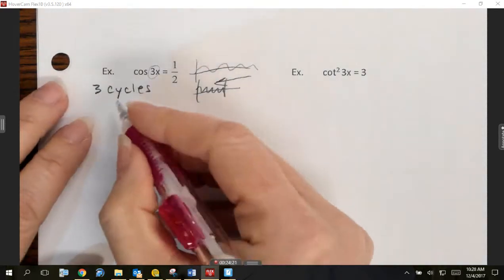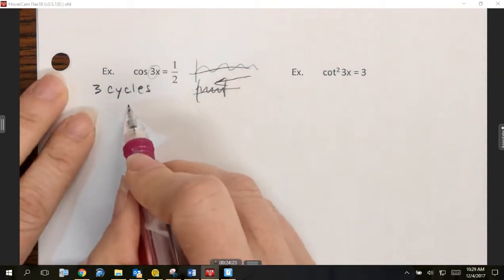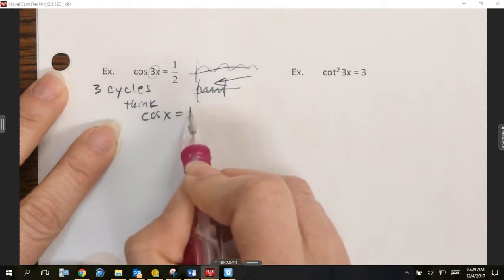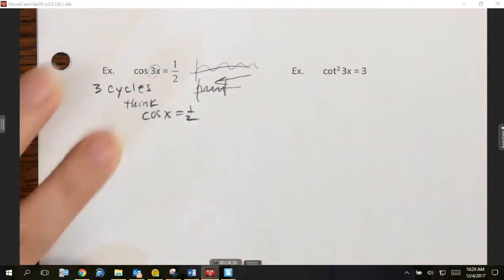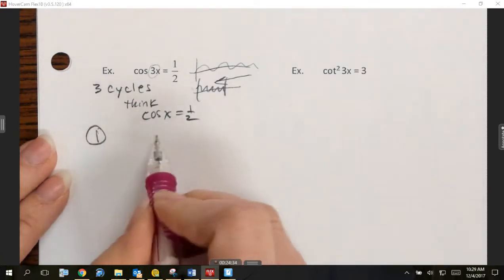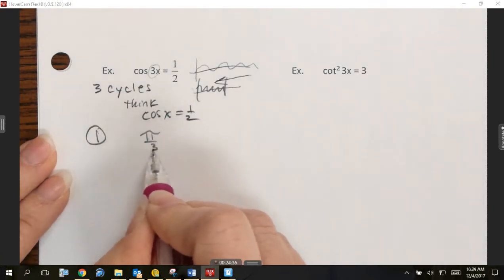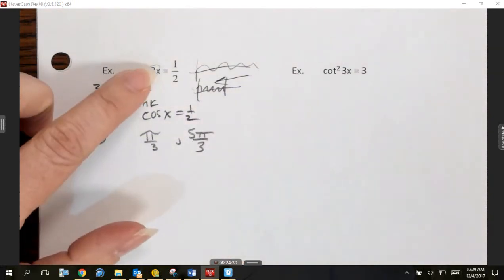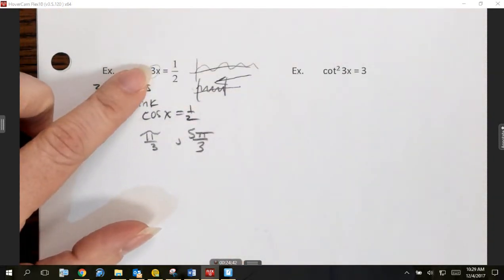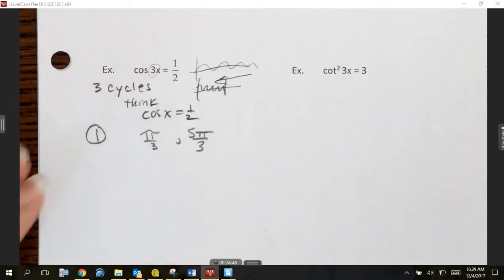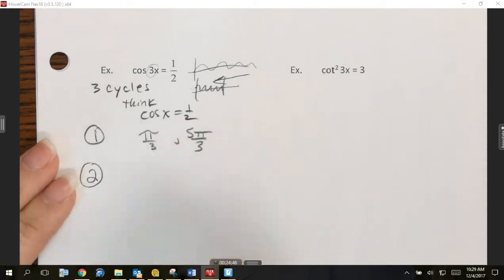So what I think about first is just where cosine x equals a half. Tell me where cosine x is a half. Oh, we just did that one. At pi over 3 and at 5 pi over 3. So I'm just ignoring that 3 for a moment. That would be the first cycle. Now I have a second cycle.